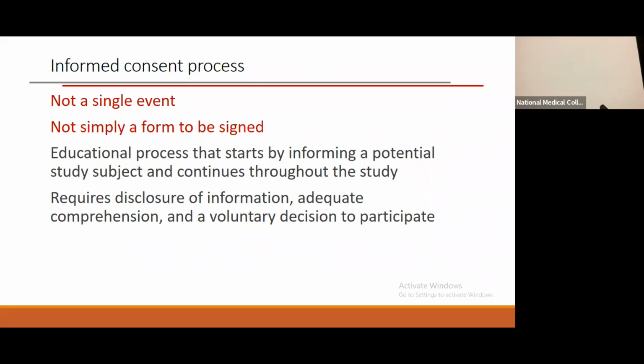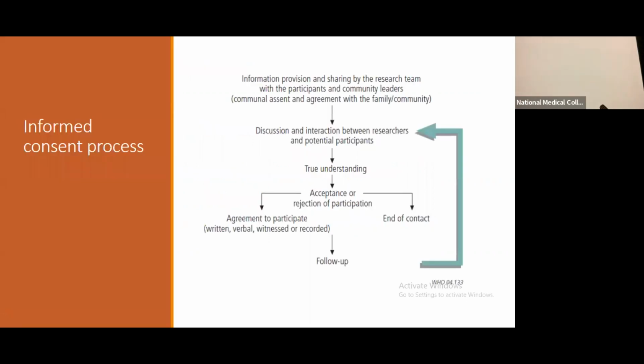Then it requires disclosure of information, adequate comprehension, and a voluntary decision. So I'm emphasizing the term comprehension and understanding. If you see here, it's just a line diagram which shows you that you have a good discussion with your potential participants, then see that the patient has truly understood.